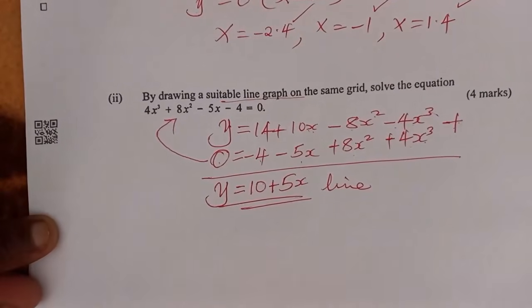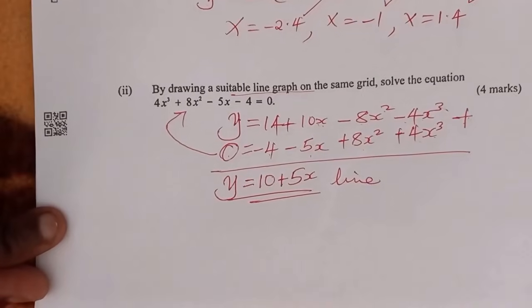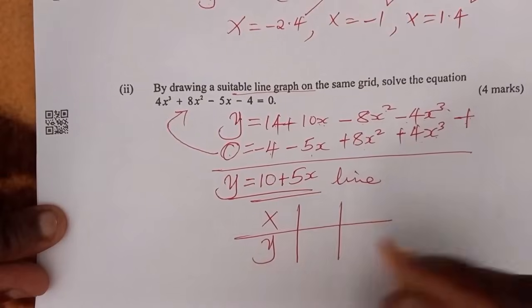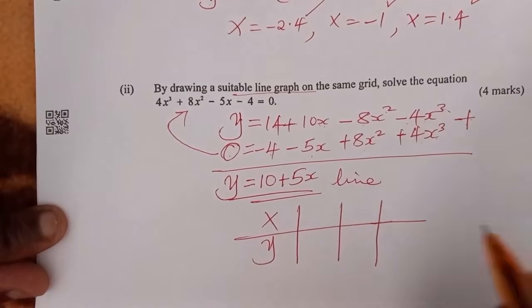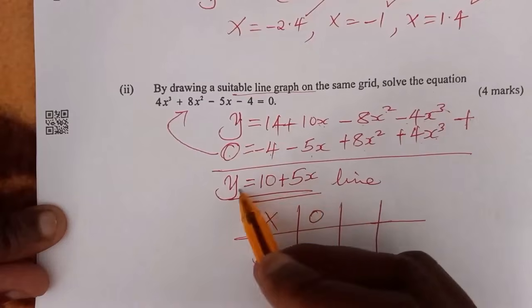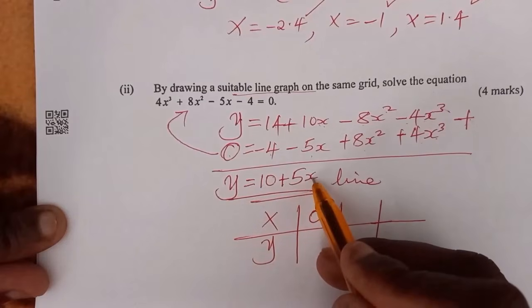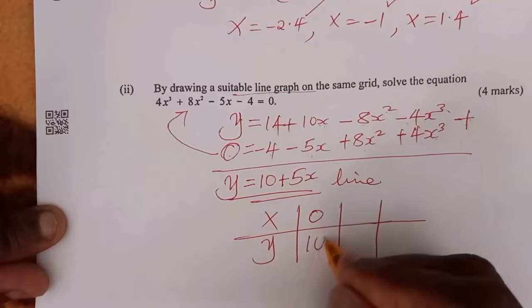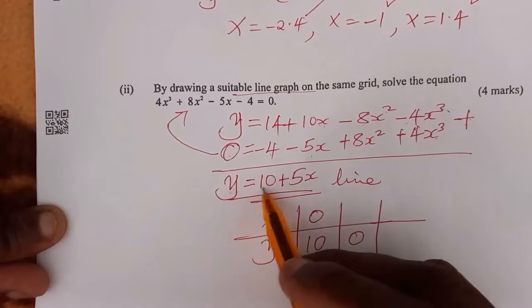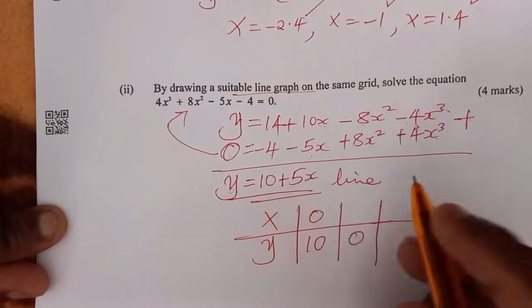To draw a straight line, you require at least 2 points, so just find any 2 points. We'll start with 0. When x is 0, substituting into this equation, y will be 10. Then when y is 0, the value of x will be negative 2.